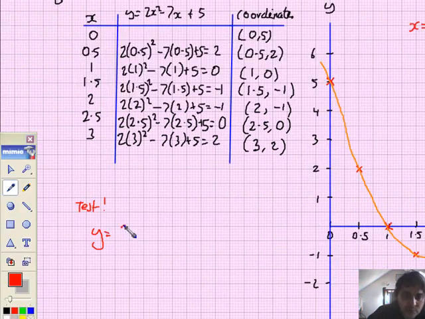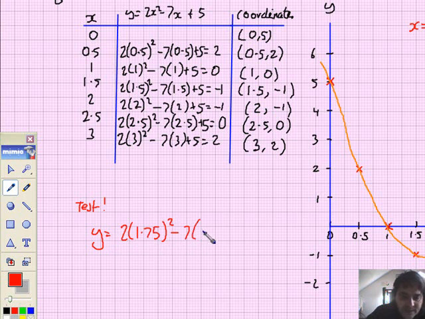So y equals 2 lots of 1.75 squared, take away 7 lots of 1.75 and then add 5. Let's just do the bits and pieces. That means 2 lots of, we'll just do 1.75 squared. That is not nice.